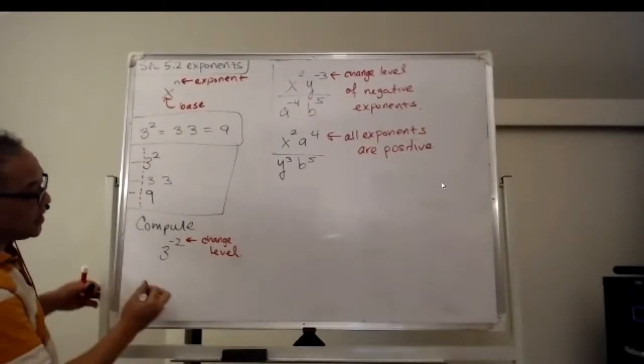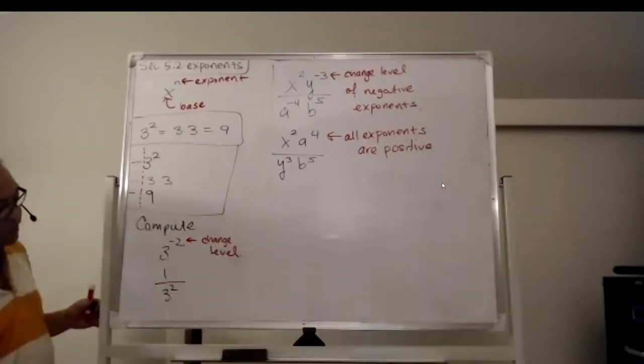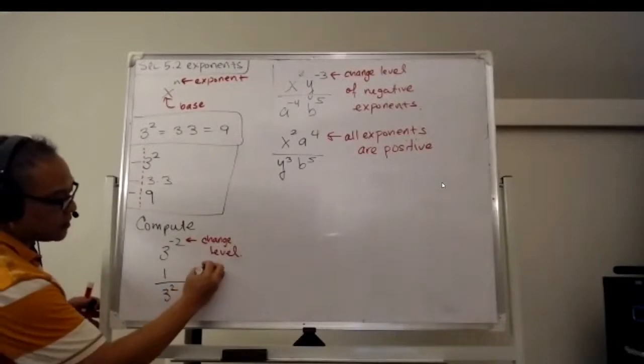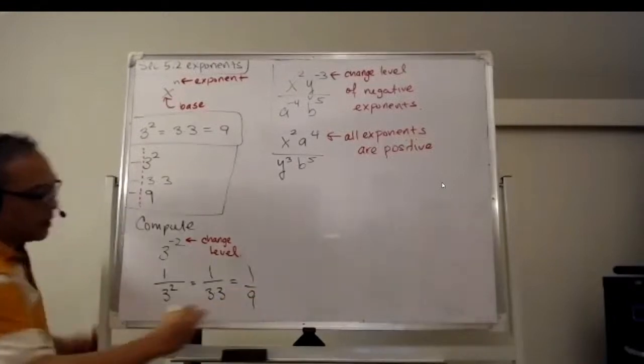What I need to do is change level. This goes to the bottom. And then this turns into 1 over 3 times 3 is equal to 1 over 9.